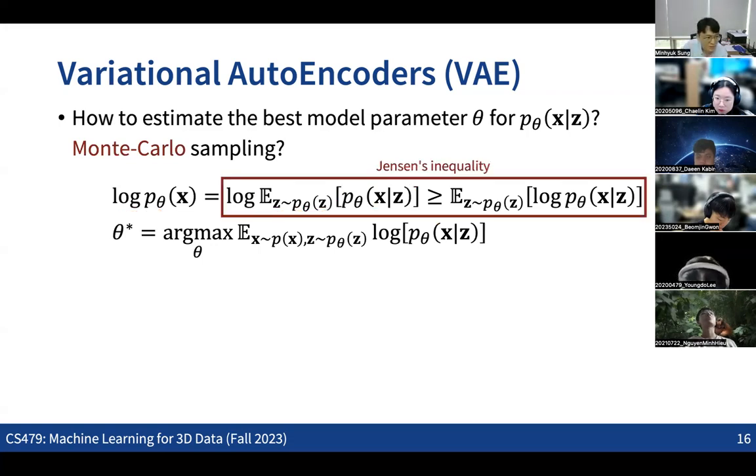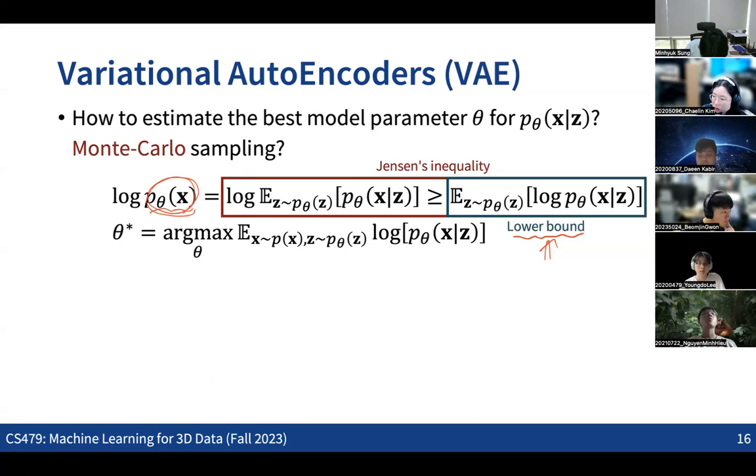From Jensen's inequality, if we switch the log and the expectation, taking the log first and then computing the expectation, it becomes a lower bound of the quantity we want to compute. So we typically maximize the lower bound, so that we can also maximize the probability for the given data samples. That's the very typical loss function that people are using.